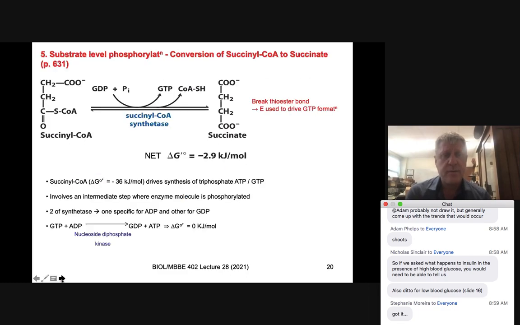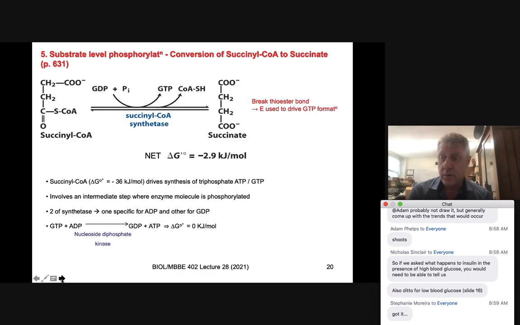Let's have a look at the next one, where we're now going through a process of the conversion of the succinyl CoA to succinate. So we're conserving our carbon number, but we're going through what we call a substrate level phosphorylation. And in this case, we're going to be actually depositing a phosphate group onto a nucleotide in regards to GDP, and using that inorganic phosphate to allow us then to utilize the energy coming from the succinyl CoA in the form of the CoASH enzyme to combine that inorganic phosphate with the GDP to make GTP.